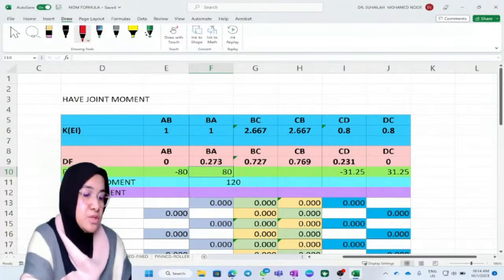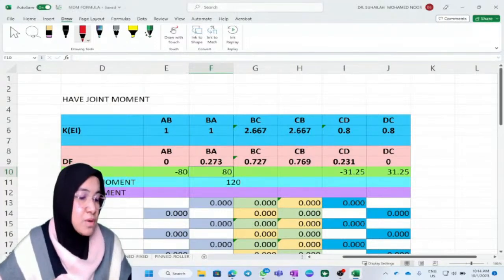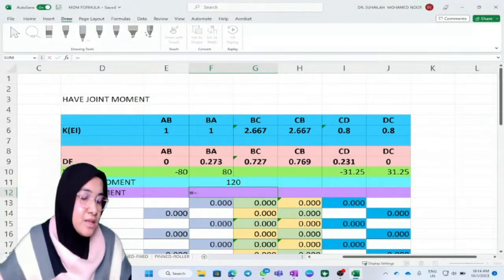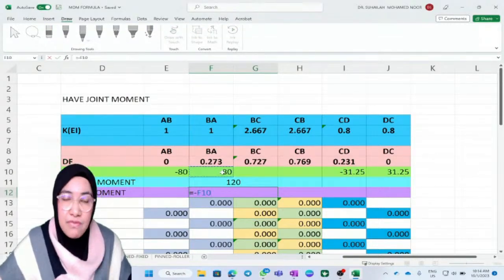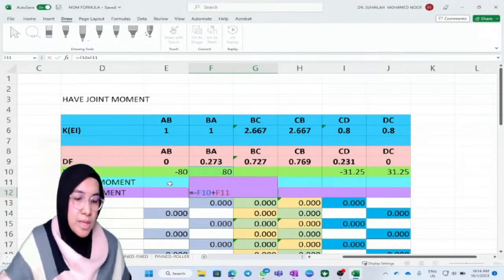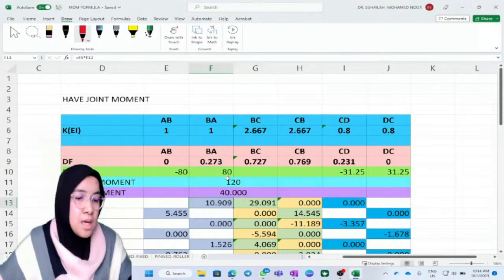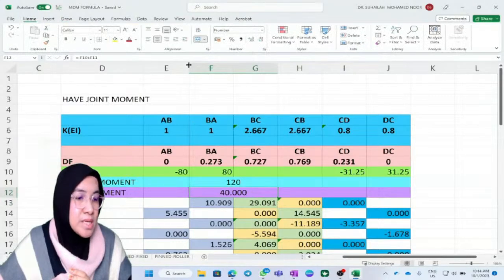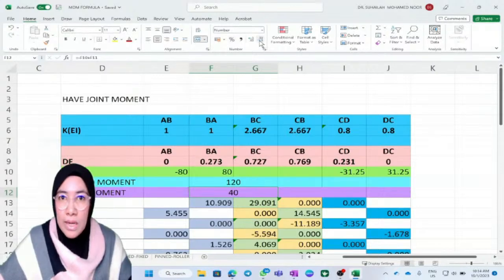So for the total joint moment, we get negative 80 plus 120, which means the moment that we need to distribute is now equal to 40 only.